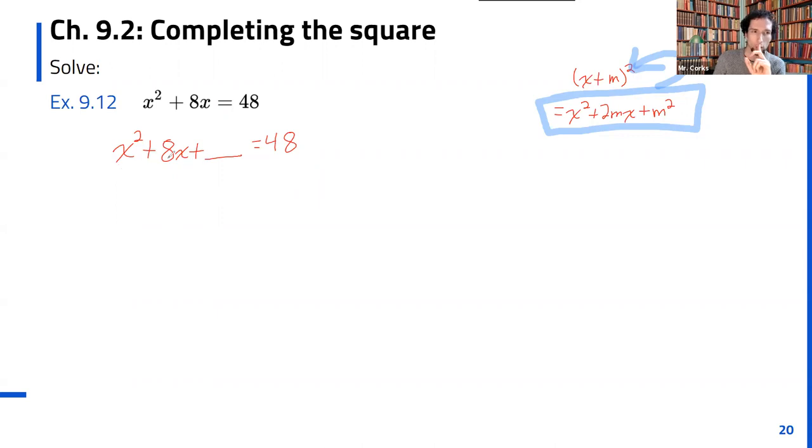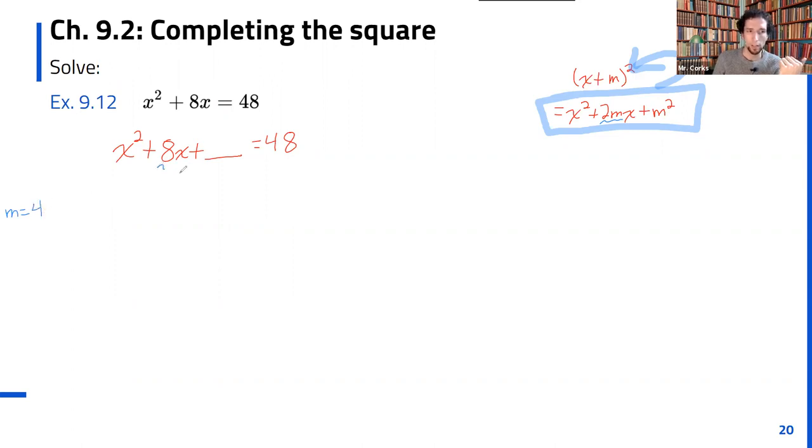Okay, so where's the 4 coming from? 8x equals 2 multiplied by mx. So if the b value is 2m, then m is just half of the b value. So in this case, our m would be equal to 4.